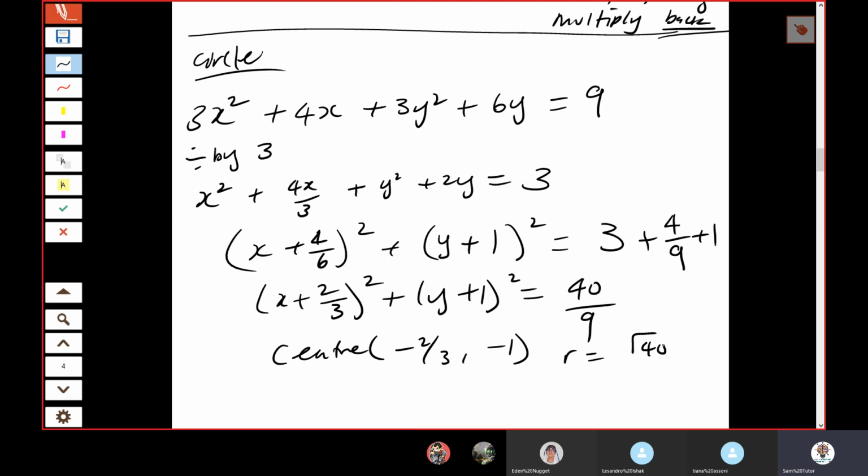Radius equals root 40 on 3. Any questions?